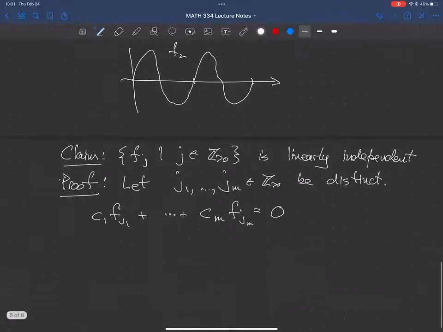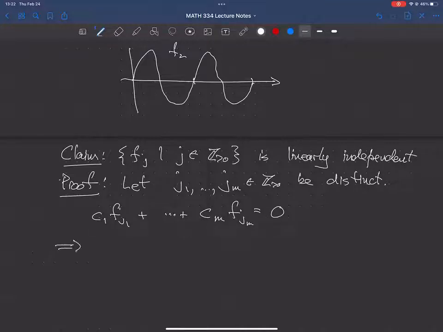All right, so again, these are functions, right? That's the 0 function, which is a continuous function on the interval 0, 1. These are the sine functions of the appropriate period, and then I'm taking a linear combination of them. And so let's write some things down that immediately follow.